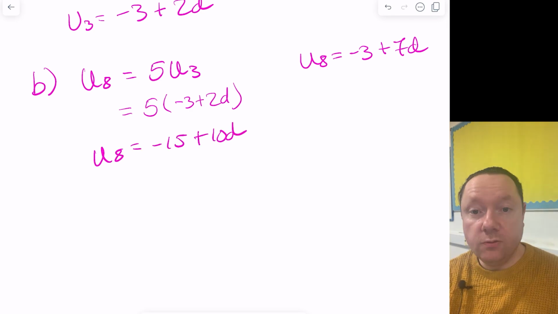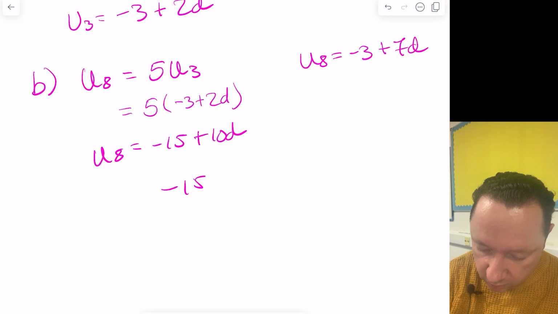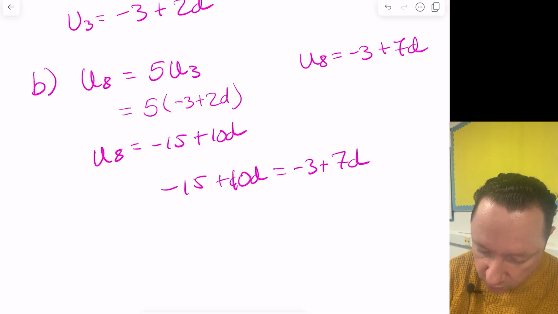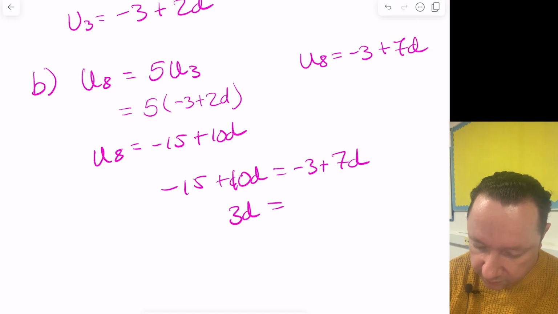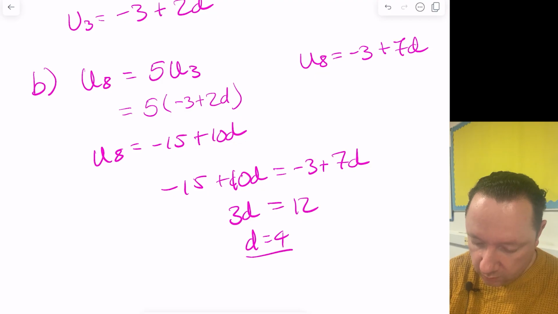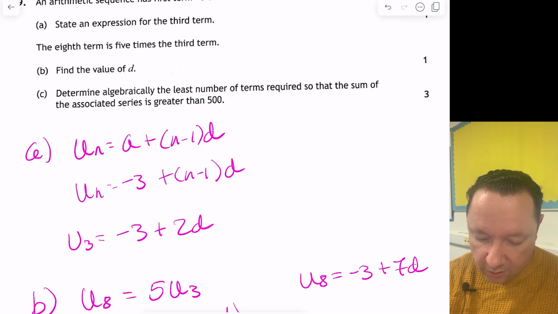So we've got two expressions for u8, so we can make them equal to each other to get d. So taking these d's over here, we get 3d, 15 over there to get 12, and d must be 4, and we're done there.